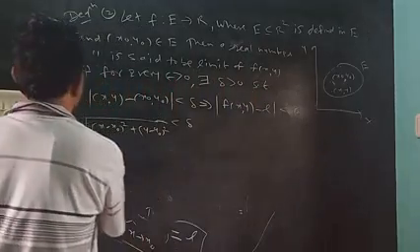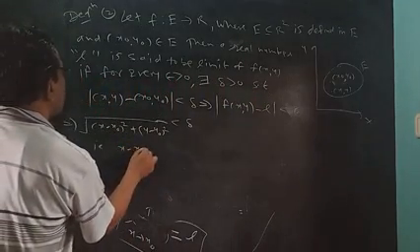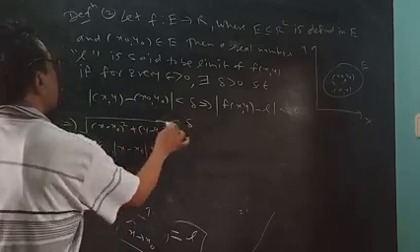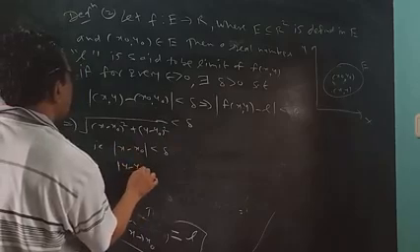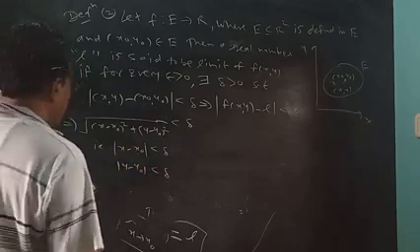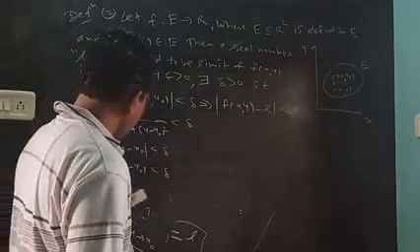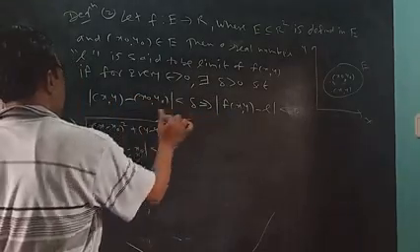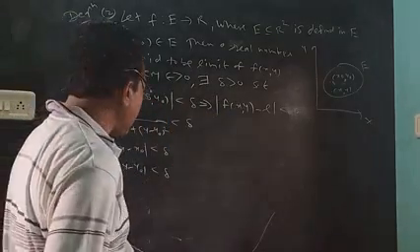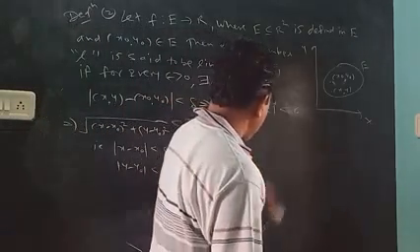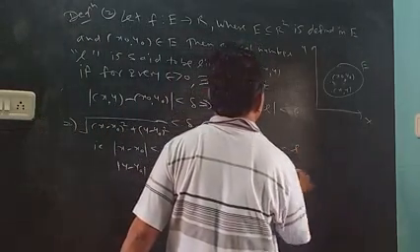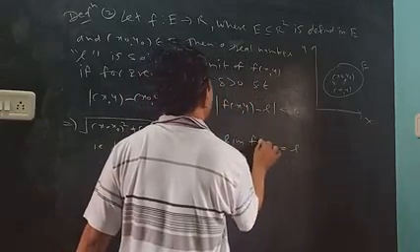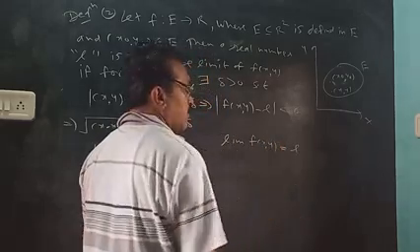That means we can say mod of x minus x0 is less than delta, and similarly mod of y minus y0 is less than delta. Root of the sum of squares is less than delta, so obviously each of these must be less than delta. And here we say L is called the limit of the function f of xy.